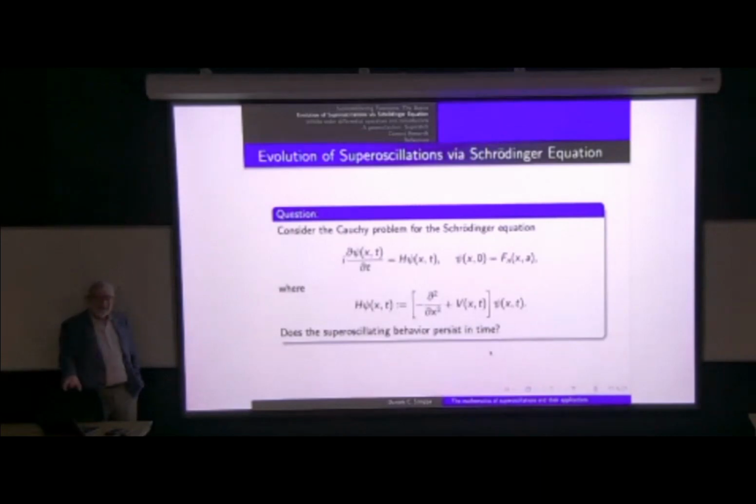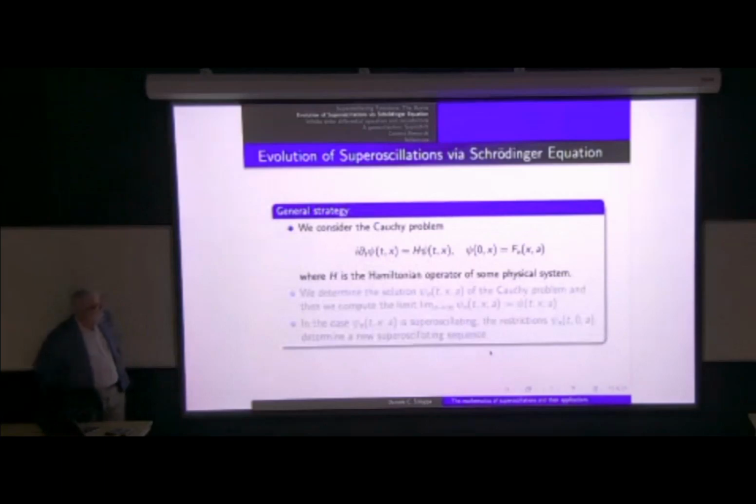The technique and strategy that I'm going to illustrate in the next 2 or 3 slides is completely general. When V is not 0, the calculations are much more horrible, and I couldn't really describe them here, even though I'm going to give one example, at least for a quantum oscillator.